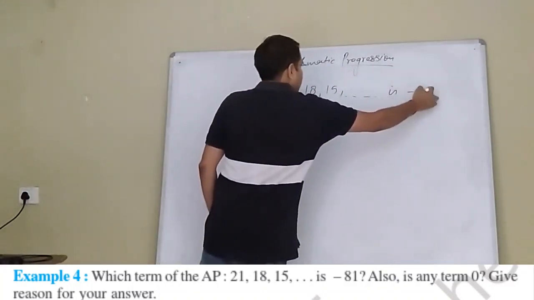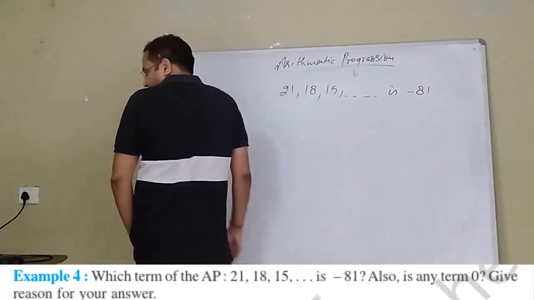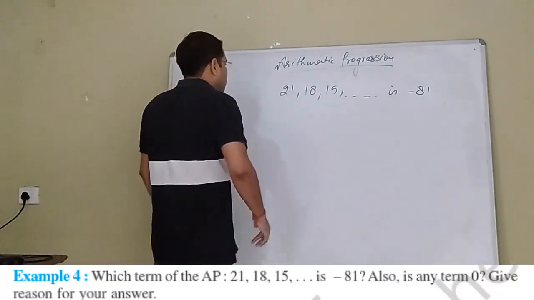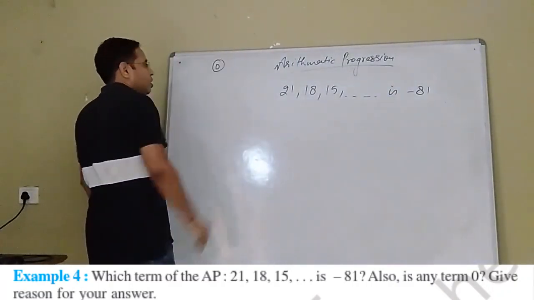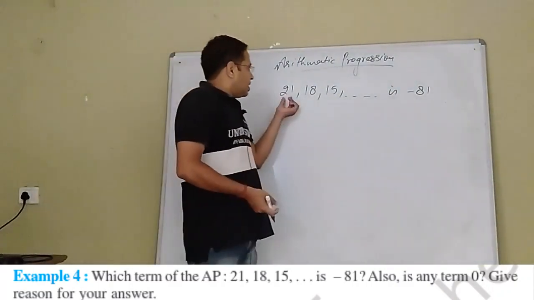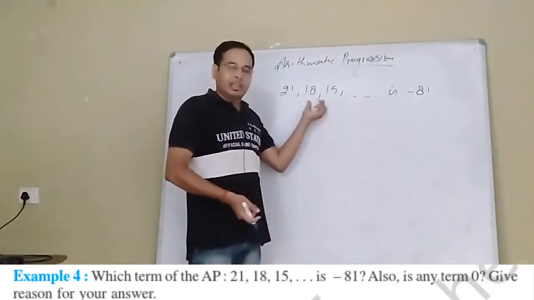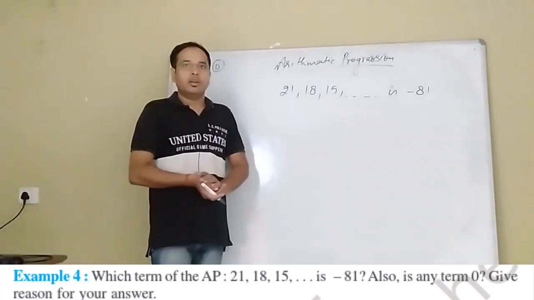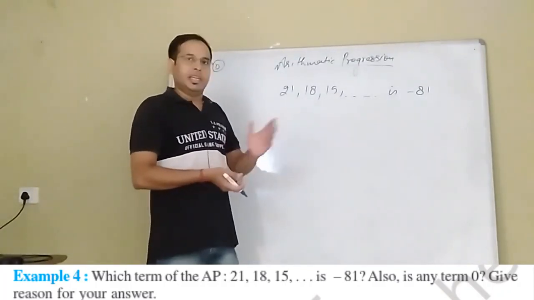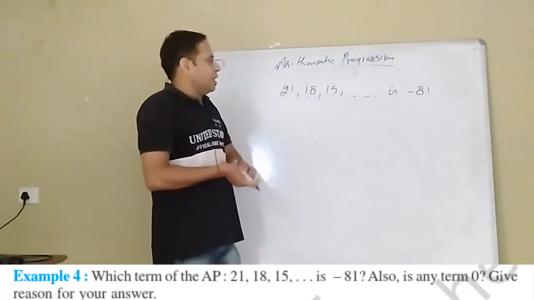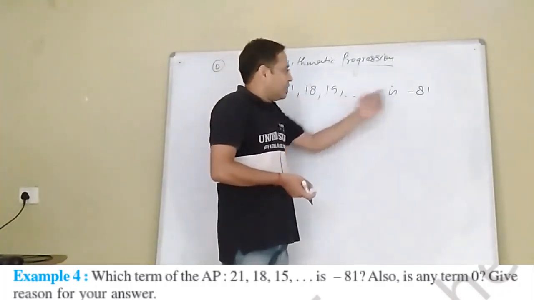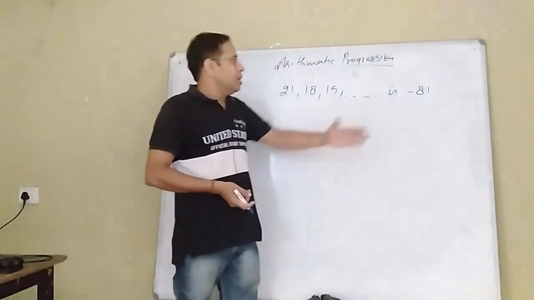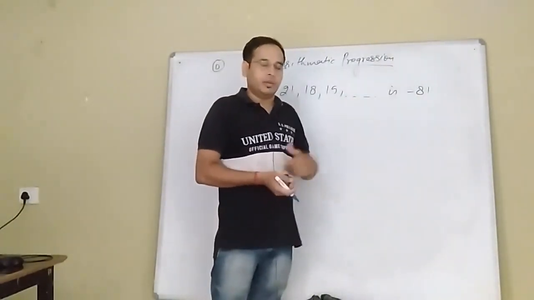This AP is in decreasing order, and since the AP is in decreasing order, therefore its common difference will be negative, isn't it? We need to find out which term of this sequence is minus 81. Which term of this AP will be minus 81, that we have to find out.